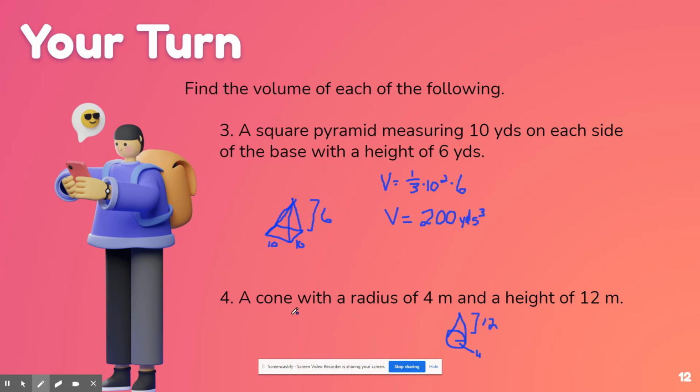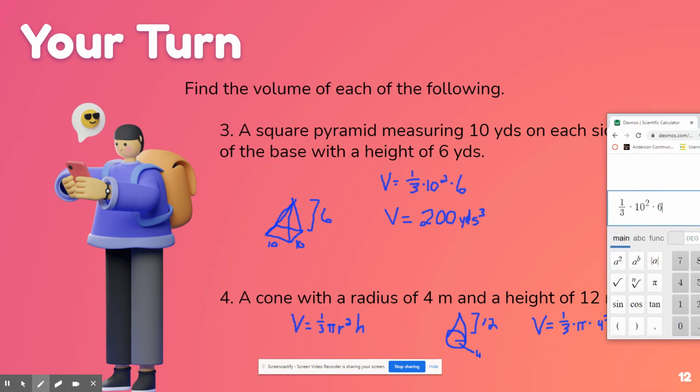So we know that the volume is equal to 1/3 times pi times the radius squared times the height, which means volume is equal to 1/3 times pi times 4 squared times 12. You could do this with or without pi.